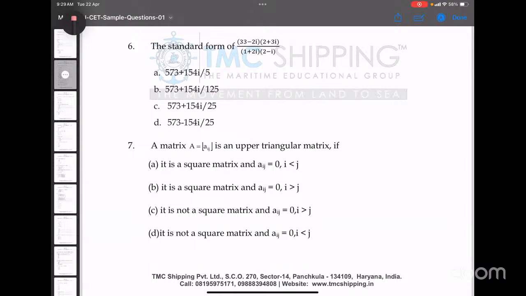Compare it with x plus iy. You have to convert it into standard form. Yes, it must be in x plus iota y, but how will you do it? You have to simplify it by rationalization.